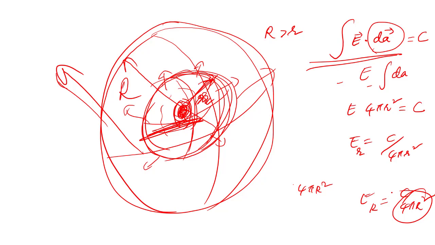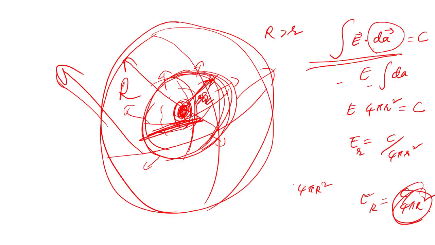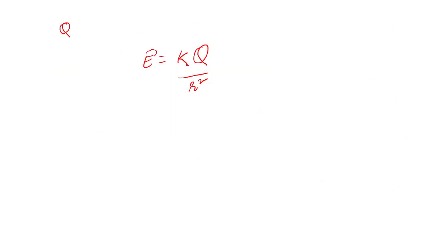So if I have a charge q, then the electric field from that charge q is some constant k, q by r square. From the general c by 4 pi r square, we come up with this kq by r square. This constant has to do with the environment and the source itself, how strong the faucet is.